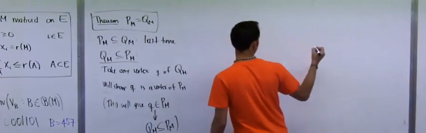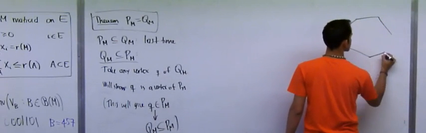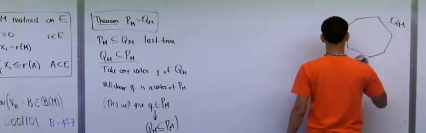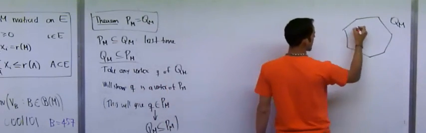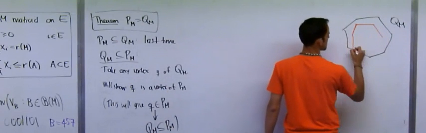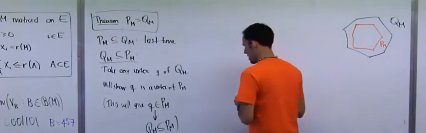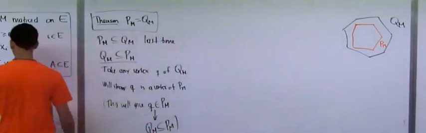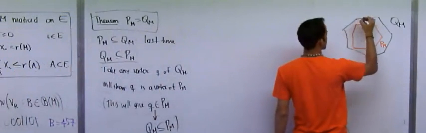So the picture is like this. Let's say that we have Q sub m, and then P sub m, as far as we know, lives inside it. And now let me consider some vertex of Q sub m. Let's say that it's this one.